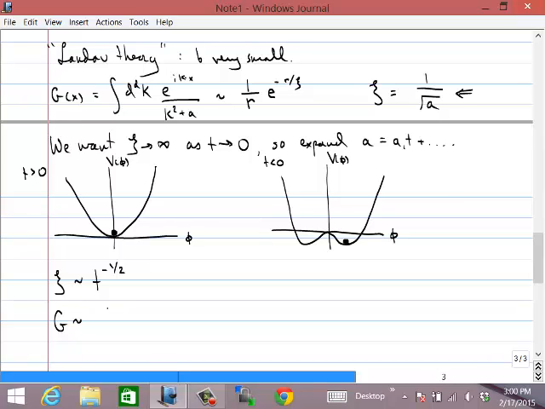So it'll go like 1 over k squared in momentum space, which is 1 over x to the d minus 2 in position space. And so the critical exponents, using the Landau theory, are 1/2 and 0. Okay. So this is our first prediction of quantum field theory for the critical exponents of some system near its critical point.